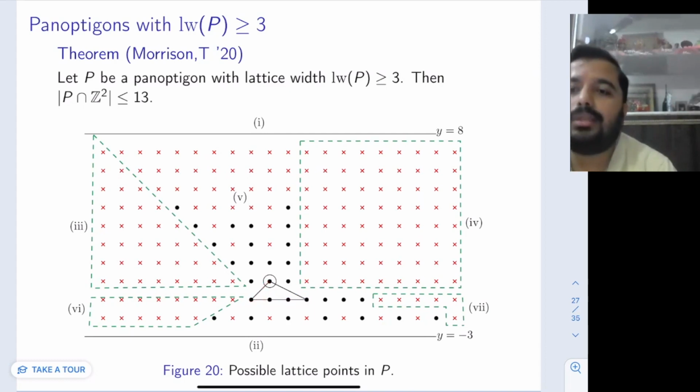All the black points are the ones that are visible, and then just invoking convexity simultaneously, you can rule out a majority of this portion, meaning these dotted lines. At the end, you are left with these black points that can all occur. But then you have to choose which ones actually do occur.